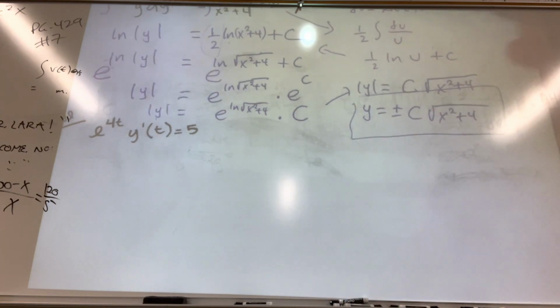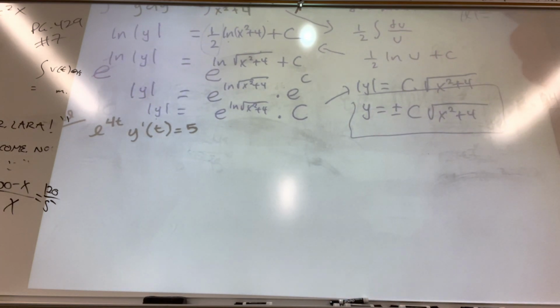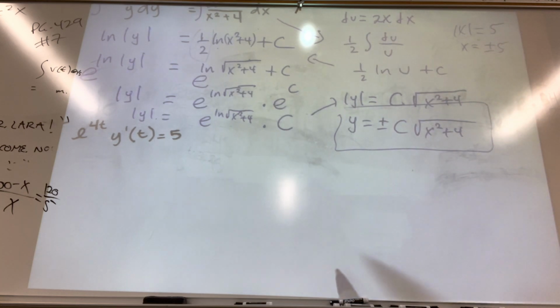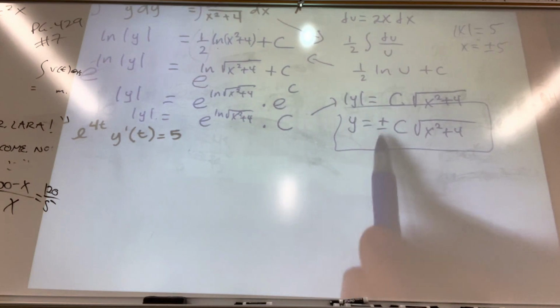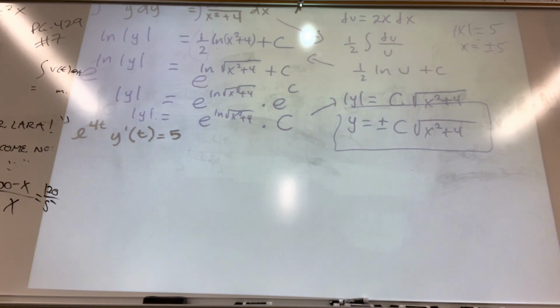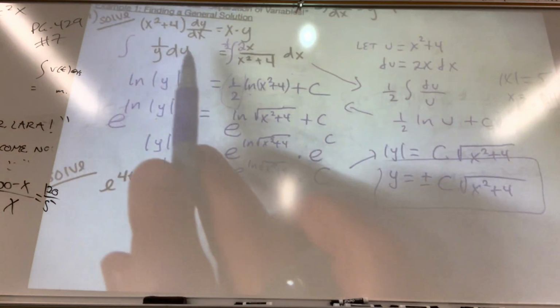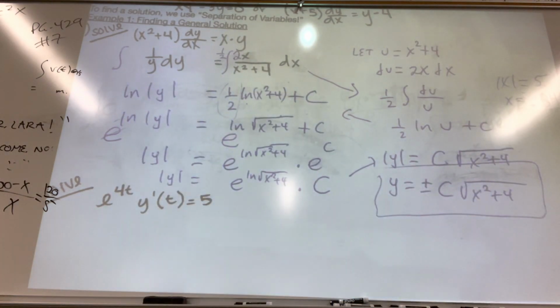Guys, if I tell you that the absolute value of x is 5, that means x is equal to what? 5 or negative 5. Yeah? So the same thing here, the absolute value of y is equal to plus or minus what I just got. And I did it. I found a function that when I plug it in, it will make this true.